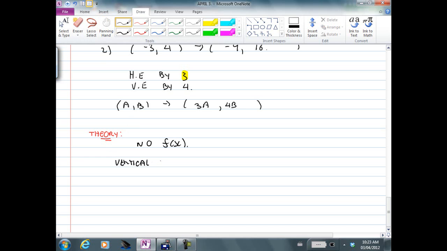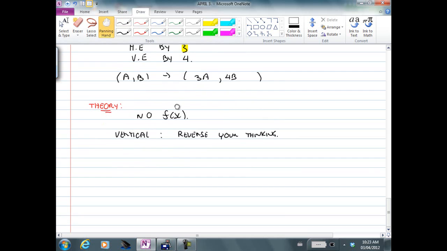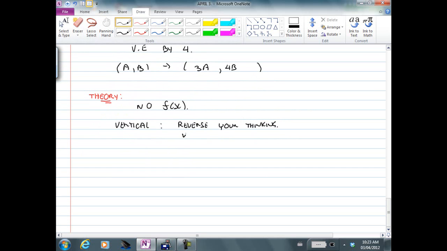And the key is reverse your thinking. This is the key for vertical. And what you're going to do is very similar to horizontal stuff. It's very similar. There's no difference.